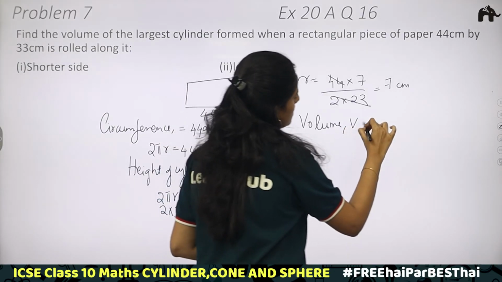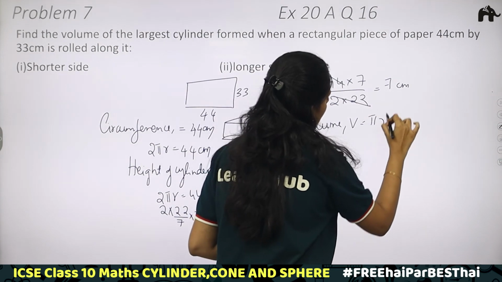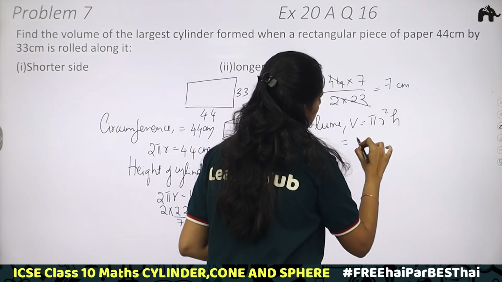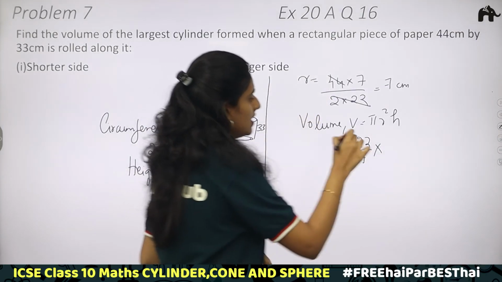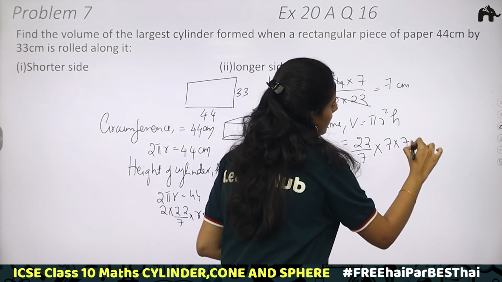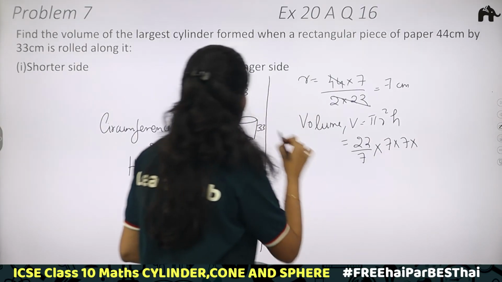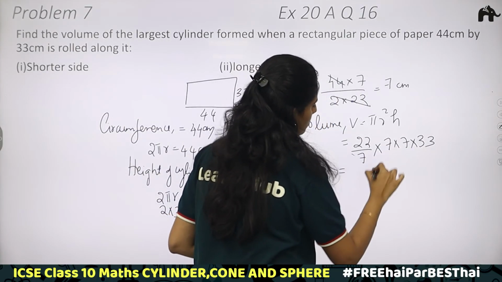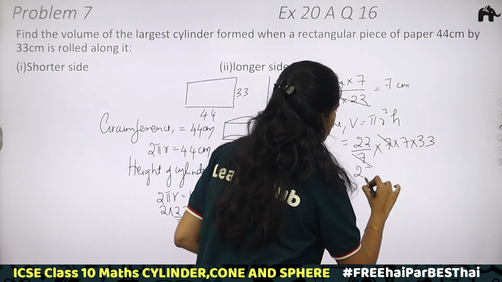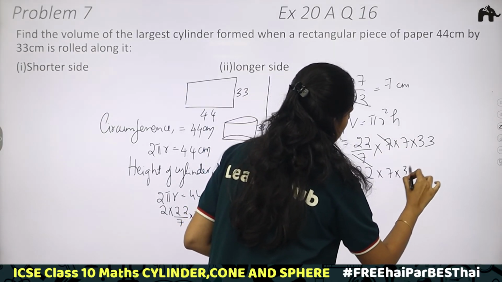Now, the volume. Volume V is equal to pi r square h. Substitute the value of pi, 22 divided by 7, and the radius is 7 centimeter. 7 into 7, height. In this case, the height is 33. That is equal to, 7 and 7 get cancelled, 22 into 7 into 33.